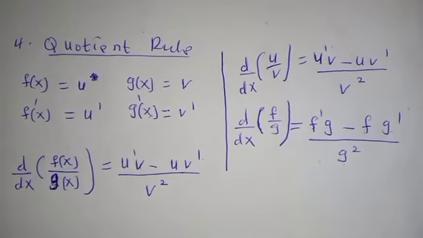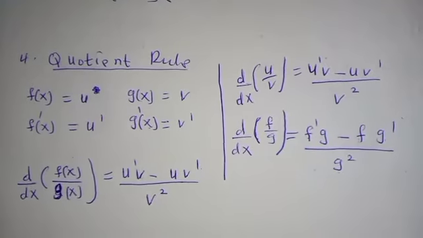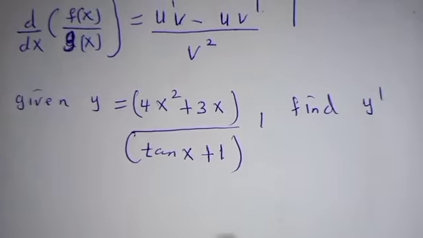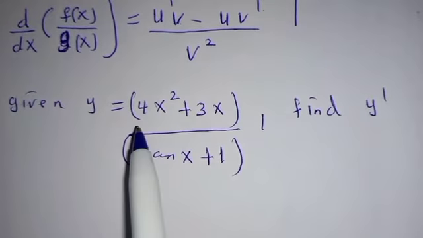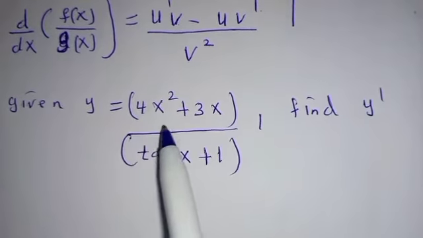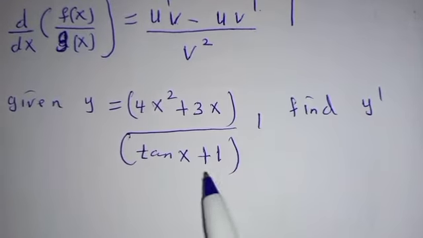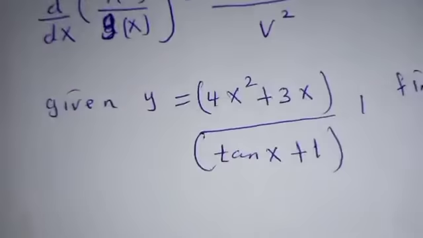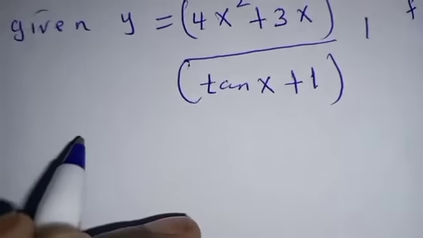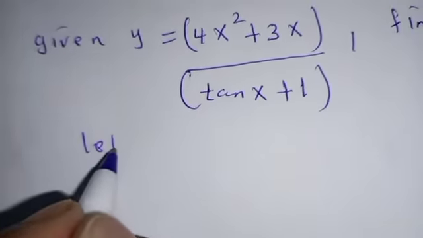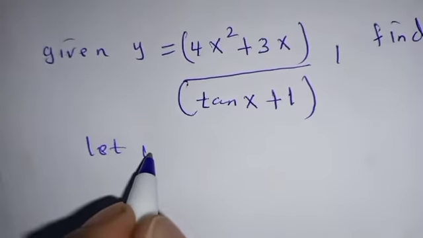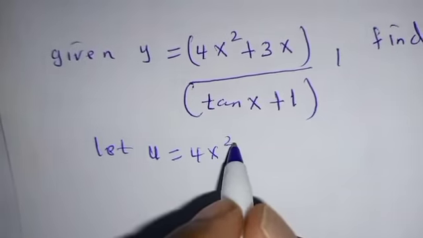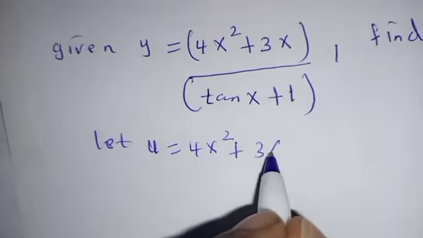So we give a simple example to bring this point home to you. You are given y is equal to 4x squared plus 3x divided by tan x plus 1. So you are to find y prime. So what we do here, we are going to let the numerator be equal to u, which is equal to 4x squared plus 3x.